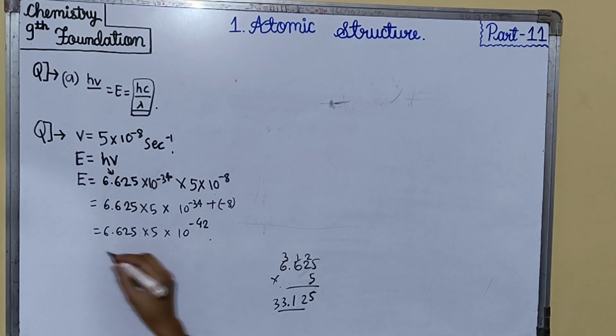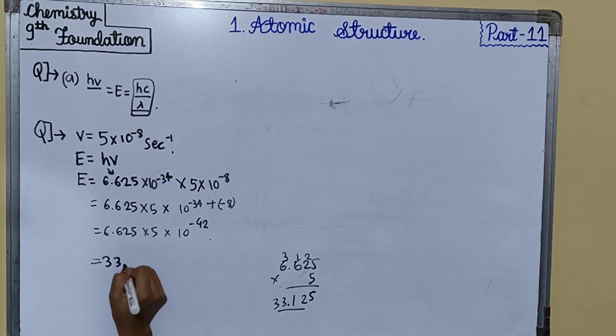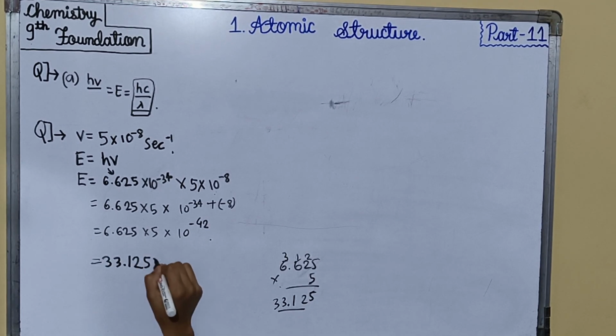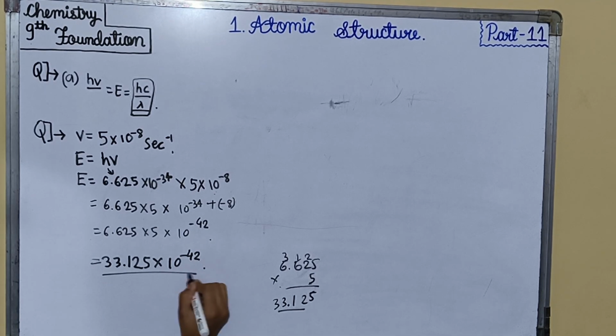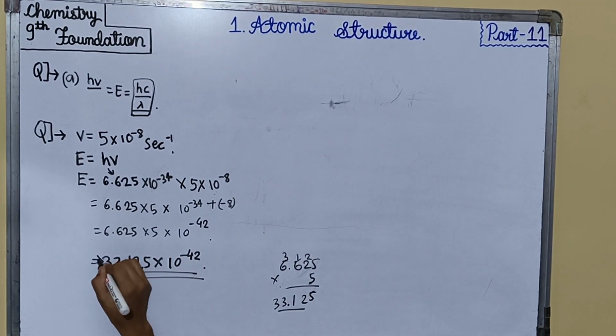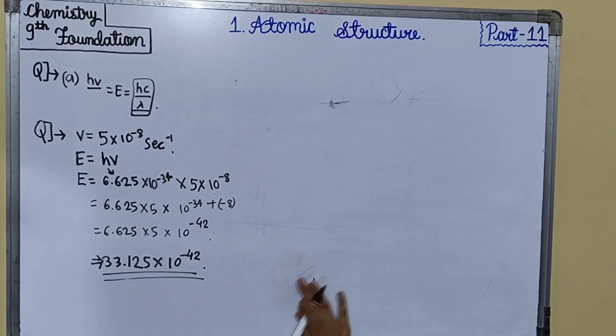This is the value, that is 33.125 into 10 raised to minus 42. This was the final answer of this question.